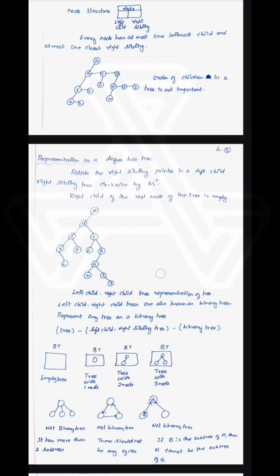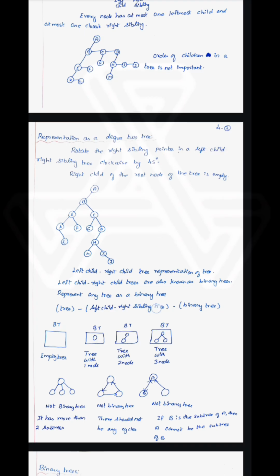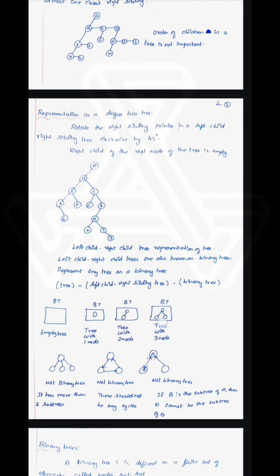Representation as a degree 2 tree. Rotate the left child right sibling tree clockwise by 45 degrees. The right child of the root node of the tree is empty.